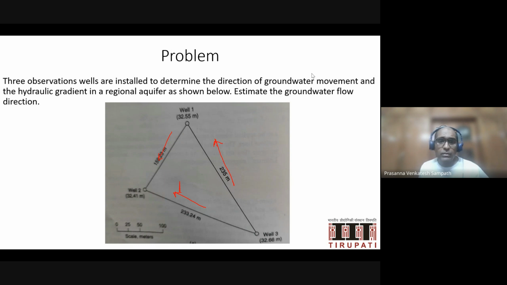Okay, so can we do this? If 32.66 is the highest and 32.41 is the lowest, somewhere between well 2 and well 3, the head will be 32.55, right?